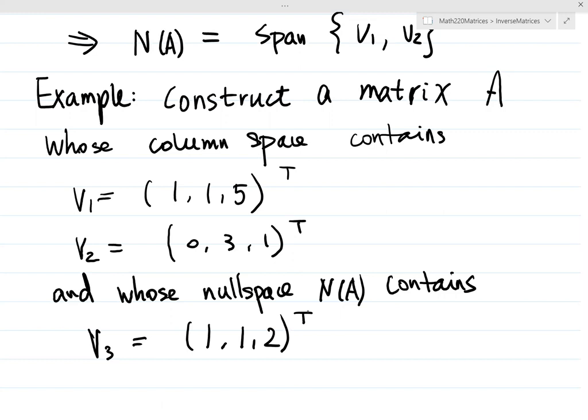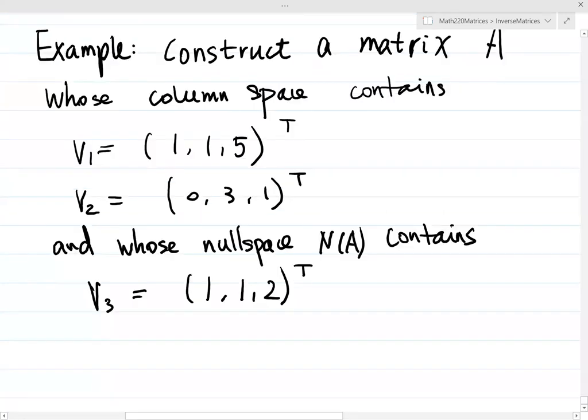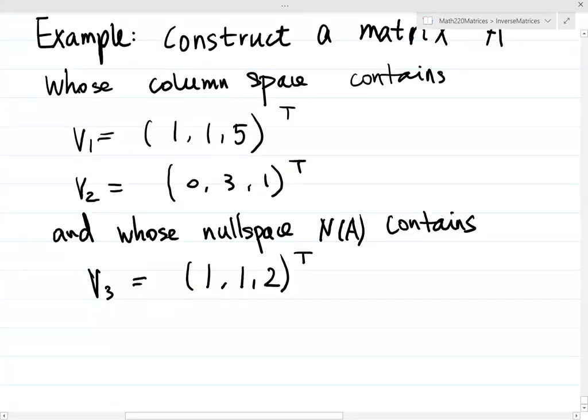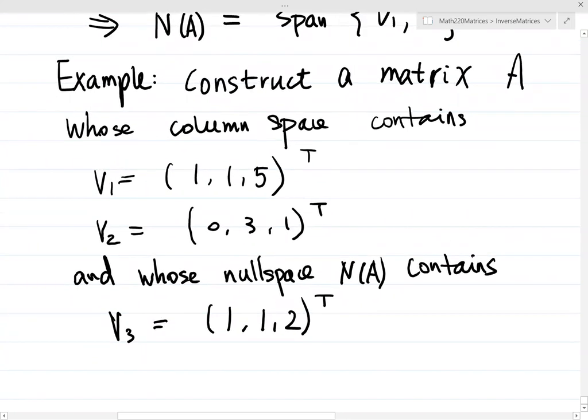Okay, now first we look at the column space. The column space contains V1 and V2. Because we just construct a matrix with this property, we can assume, for instance, the column space is actually spanned by V1 and V2.